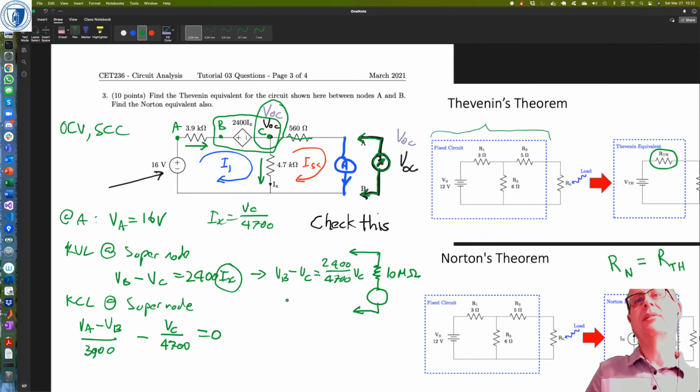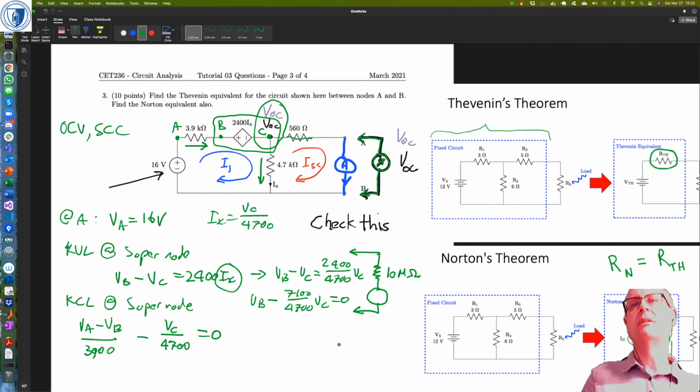So that's going to be VB minus 7100 on 4700 VC equals 0.